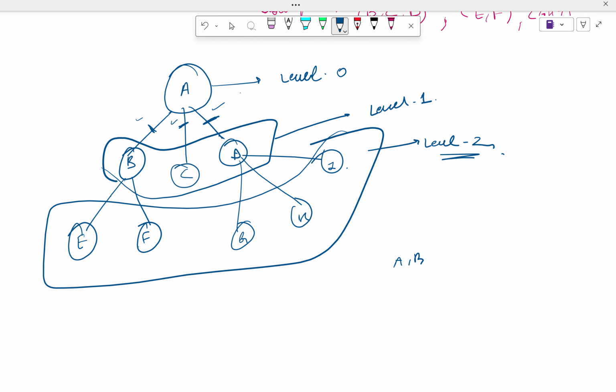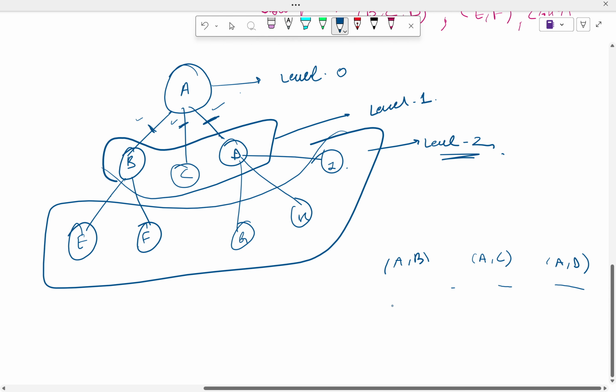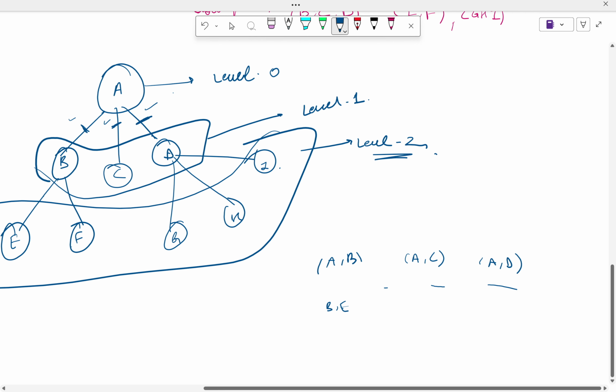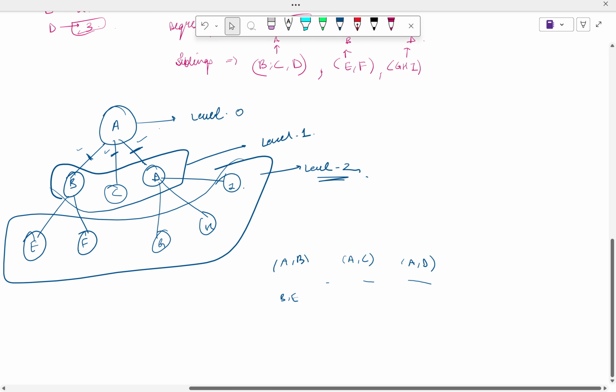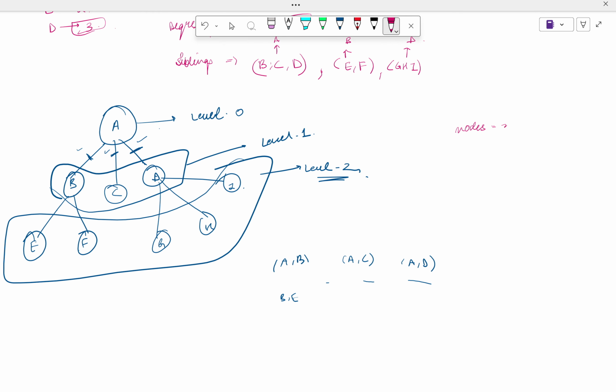AB is an edge, AC is an edge, AD is an edge, and so on. BE is an edge, and there can be multiple edges. For a good tree, if the number of nodes is n, then the number of edges would be n minus 1.